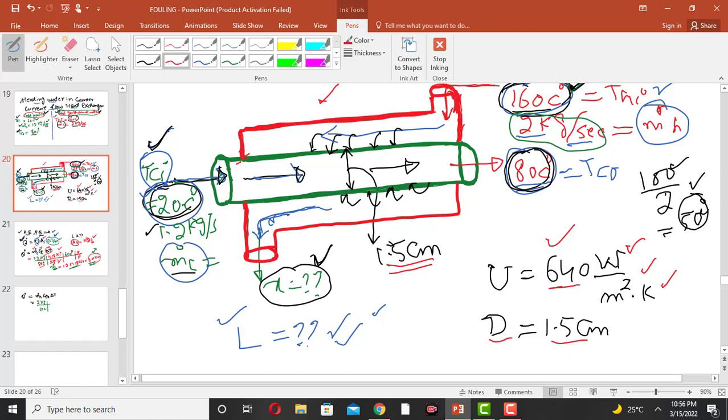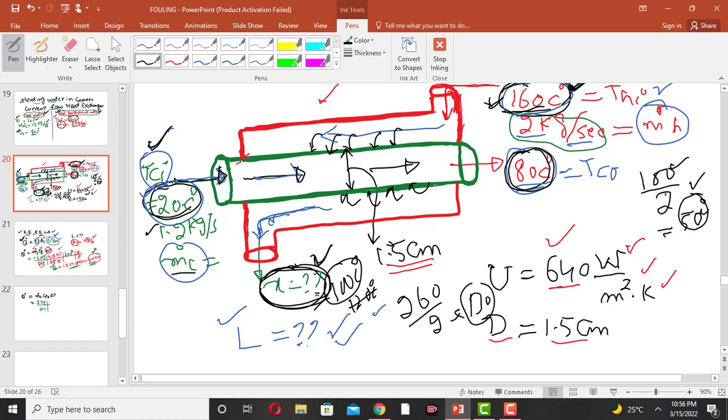Or you can also assume this temperature. Suppose this is 160, and you consider the other as 100 degree centigrade. So 100 plus 160 is 260 degree centigrade, divided by 2, it will be 130.